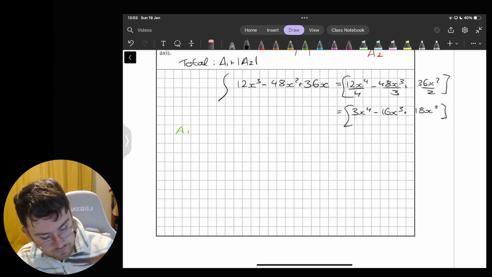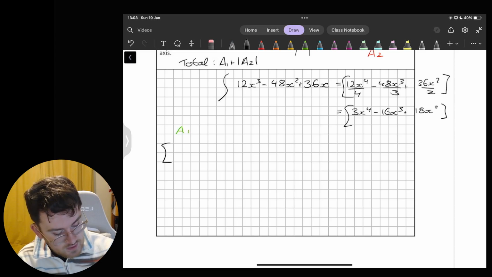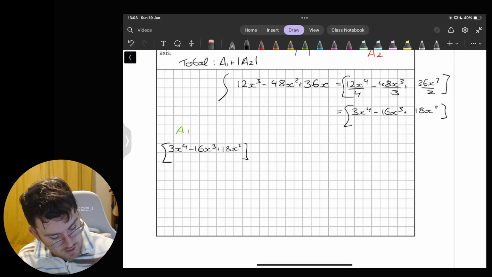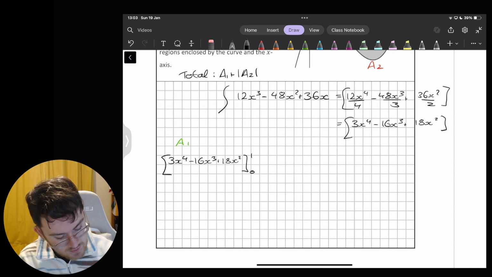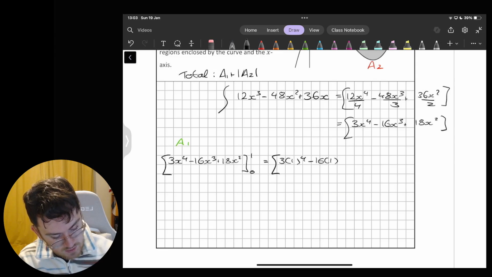Okay, so let's look at our individual areas now. Area 1. I'm going to want to evaluate this integral from 0 to 1. So that's going to give me 3 times 1 minus 16 times 1 plus 18 times 1, minus 0.